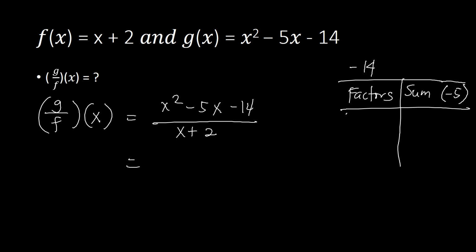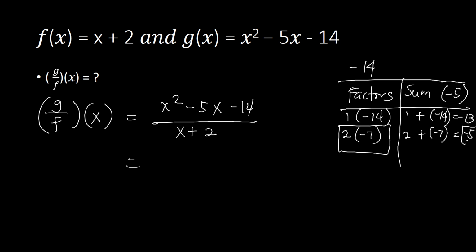So we start with 1 as positive times negative 14, adding 1 and negative 14, that's equal to negative 13. Next, we go for 2 and negative 7, adding 2 and negative 7, that will be equal to negative 5. So there you go. And this will be our factors.